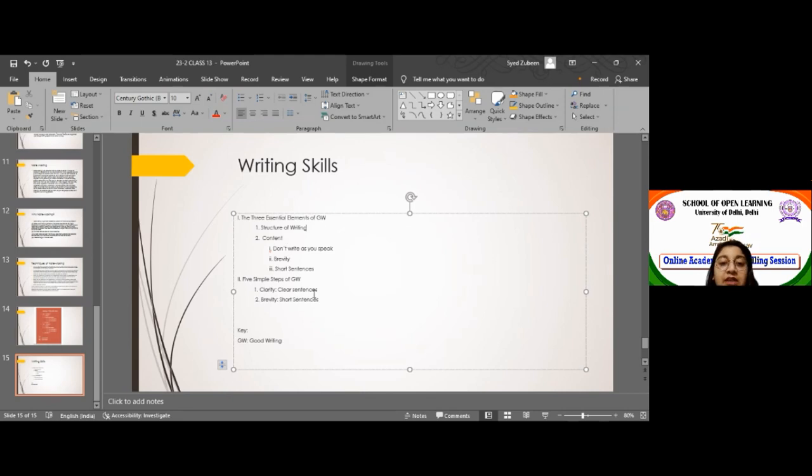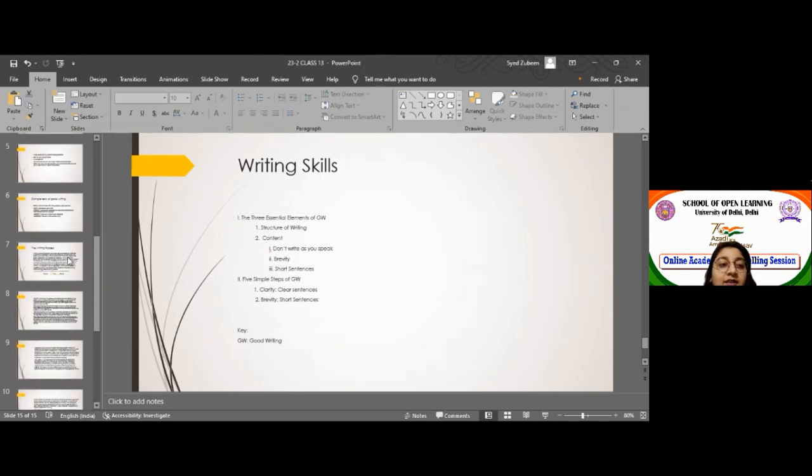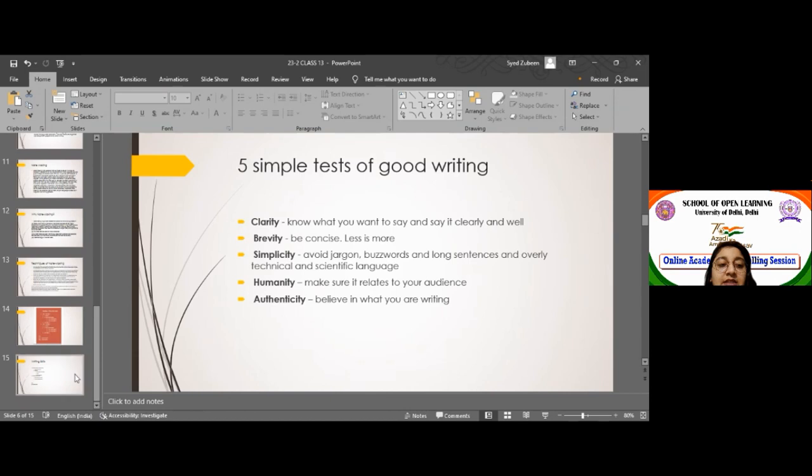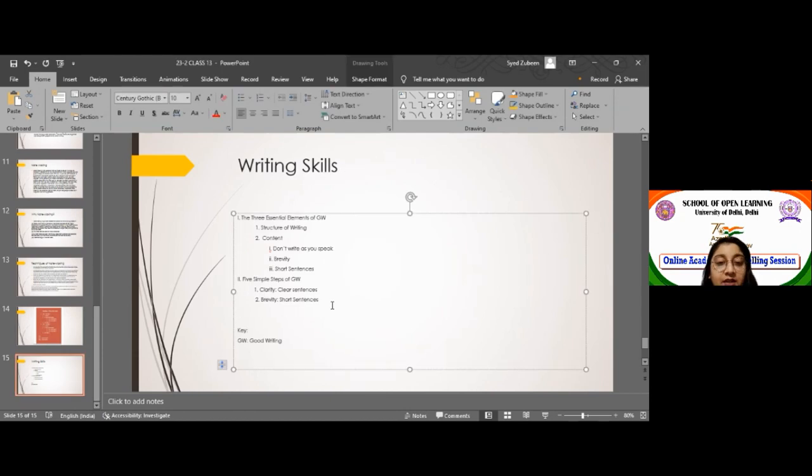Like we have written over here, clarity, clear sentences. So I'm not writing it in long sentences. I'm just using keywords that I think are important. So you have simplicity, authenticity, right? Have simplicity.